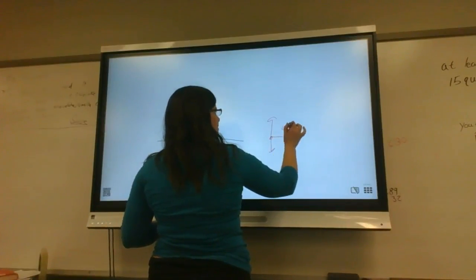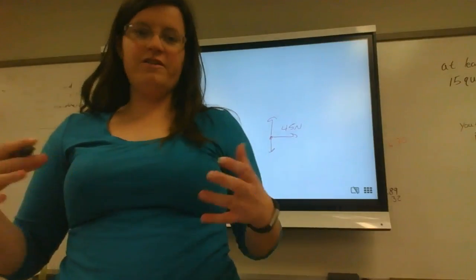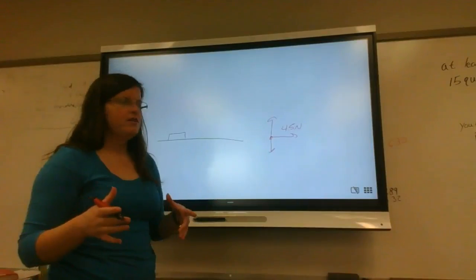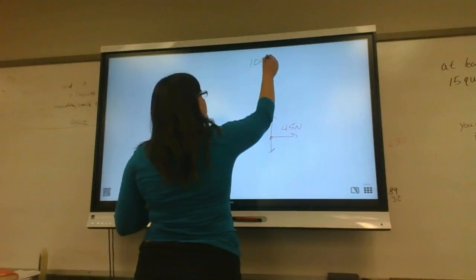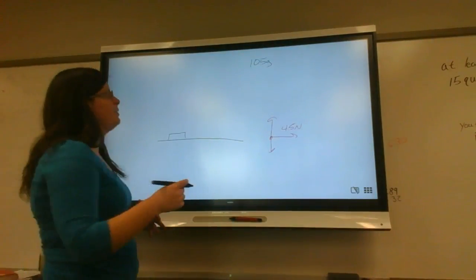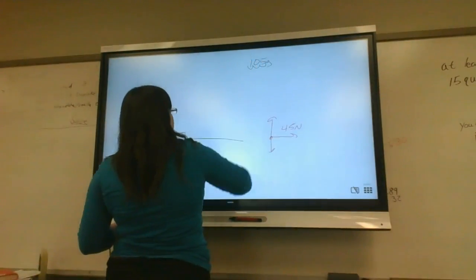We know that the weight force of the puck, because it's 105 grams, we have to change that into kilograms. So let's see, 105 grams. Kilo is 1,000, so you're moving the decimal place over 3 spots.